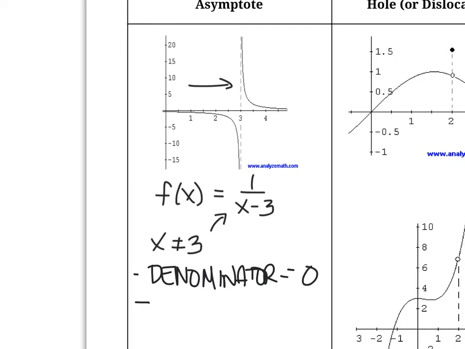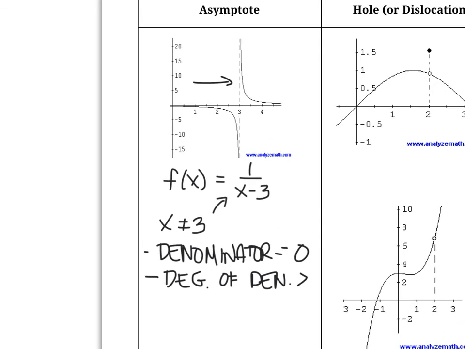And this actually only happens if the degree of the denominator is bigger than the degree of the numerator, right? Just like this case. So degree of denominator, in this case it's a linear function in the denominator. Degree of denominator is greater than the degree of the numerator. Okay?